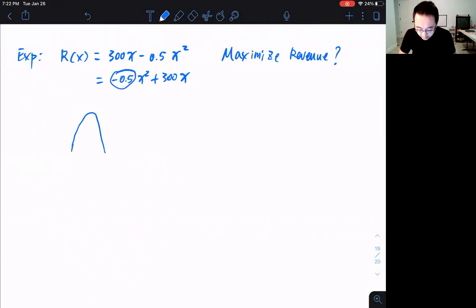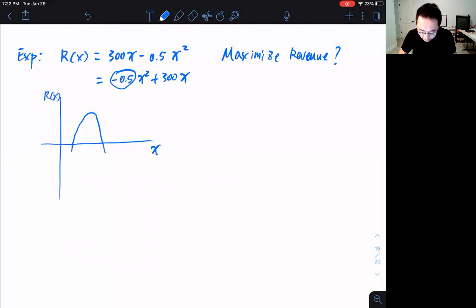Horizontally, x is the number of days you can rent out your cousin's Airbnb, and the vertical axis looks something like this, because you can't have negative days rented out. So this is your R of x.